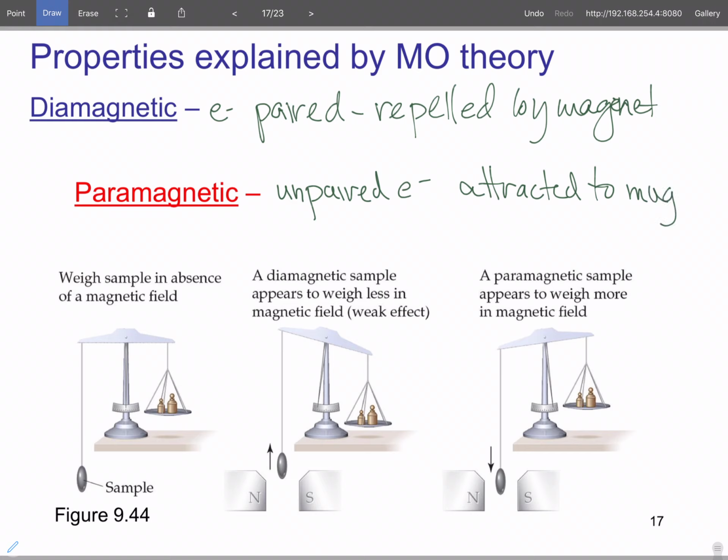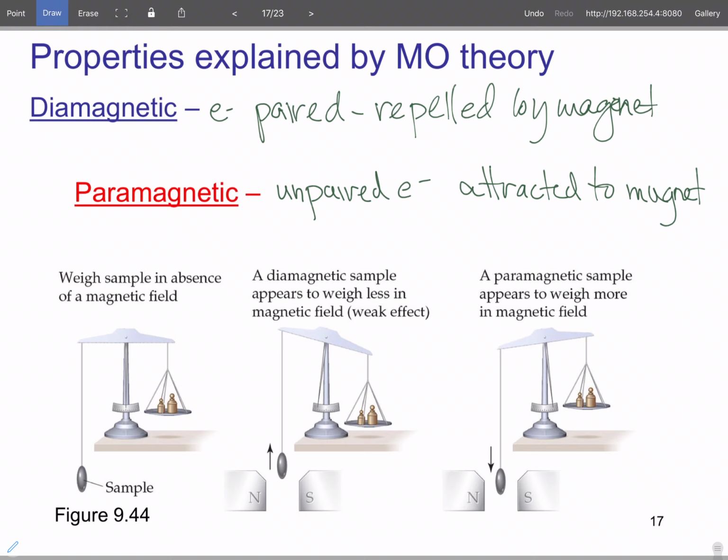We looked at this before when we were doing electron configurations. And in electron configurations, we're talking about the atomic properties. And that works well for atoms, but some molecules are diamagnetic and some are paramagnetic.